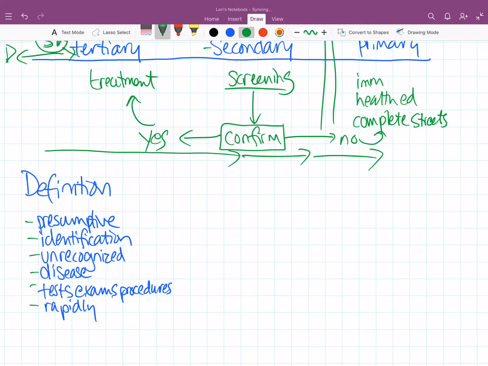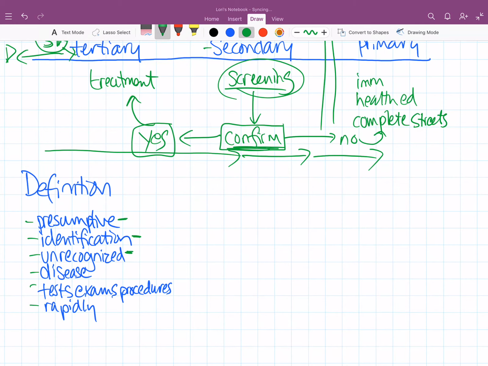And so these different parts of the definition of screening are each quite important. So presumptive means that when that person is screened as a positive, we still have to do this confirmatory testing. So we presume that this positive test means something. Identification means that we're finding something that we didn't know about before, that is unrecognized.